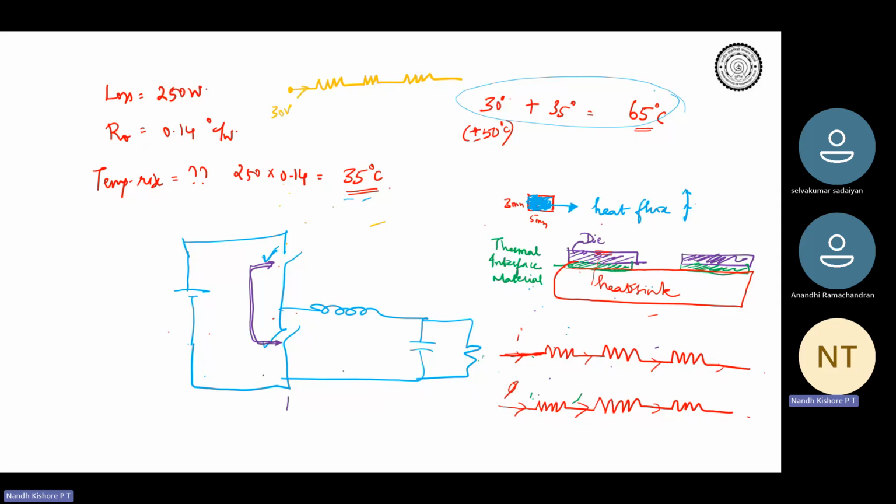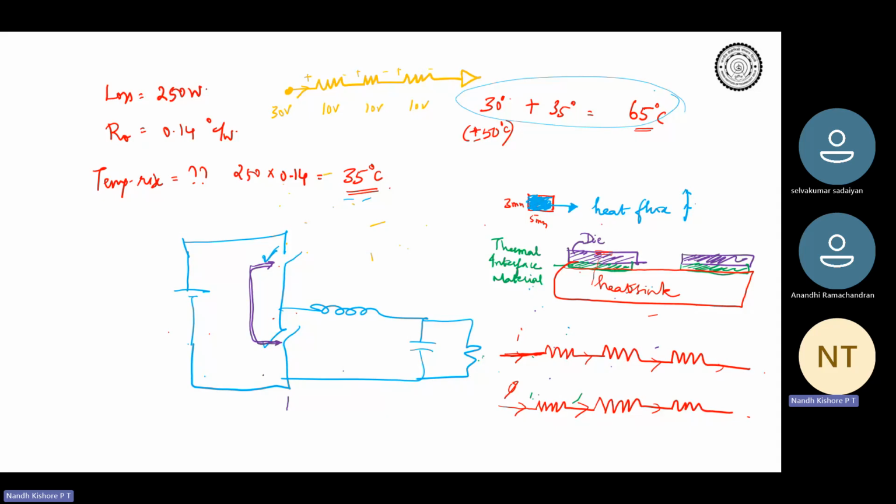There's a current that's flowing. There will be a 10 volt drop over here, 10 volt drop over here, 10 volt drop over here, and this will be your ground. So this is your source, 30 volts, and there is voltage drop everywhere, something like this, and then you reach the ground.